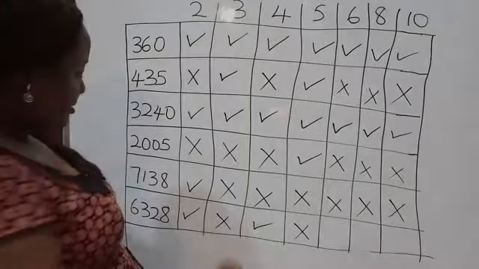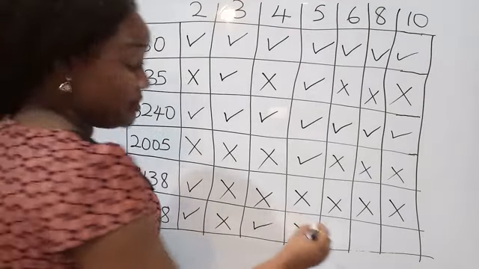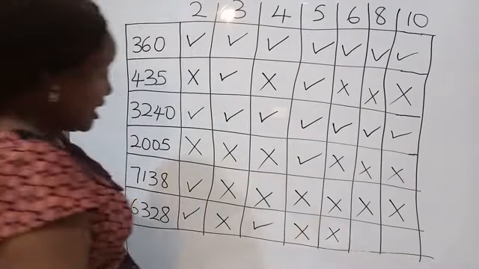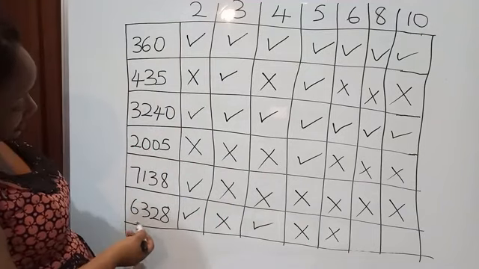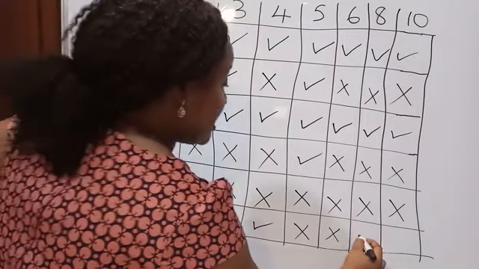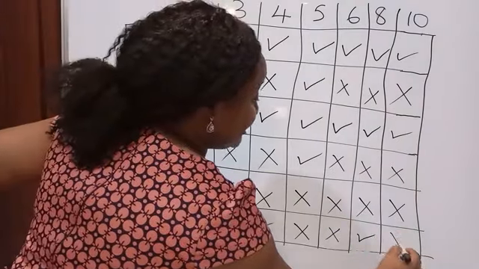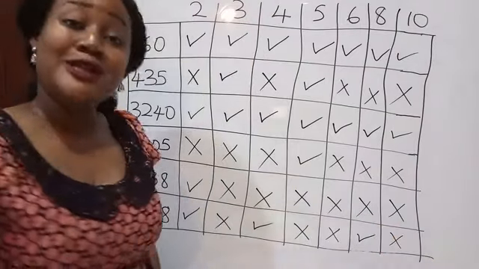So let's see. Did 6 make it? 3 didn't make it, so 6 is definitely not making it. Now, will 8 make it? Let's look at it. 328. 8 should definitely make it. Then, of course, 10 didn't make it because it doesn't end with 0.